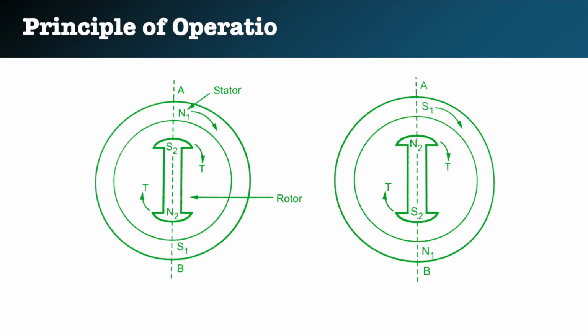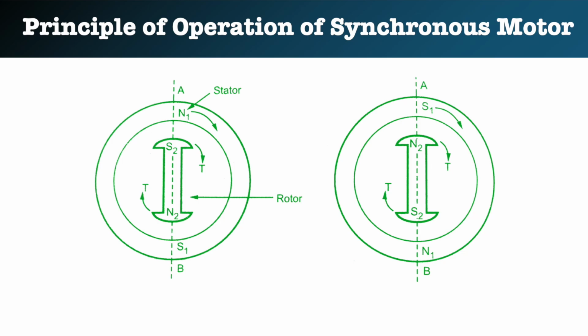So, after discussing the alternator, let us see the working principle of the synchronous motor. A synchronous motor works on the principle of magnetic locking. When two unlike poles are brought near each other, if the magnets are strong, there exists a tremendous force of attraction between the two poles.